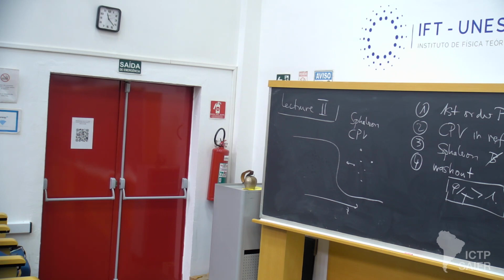So PZ changes such that you fulfill the on-shell condition: E squared minus PZ squared minus P perpendicular squared minus M squared is equal to 0.